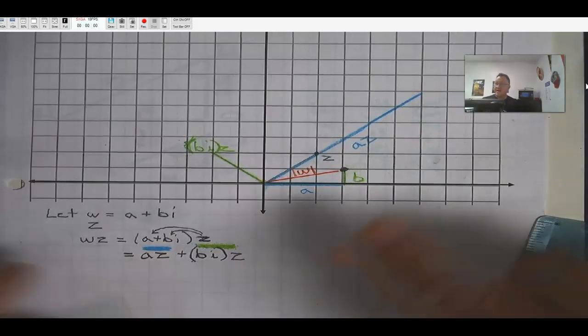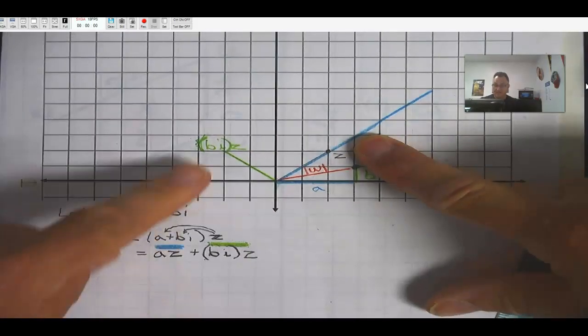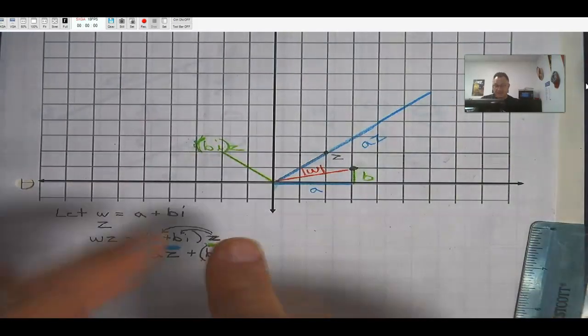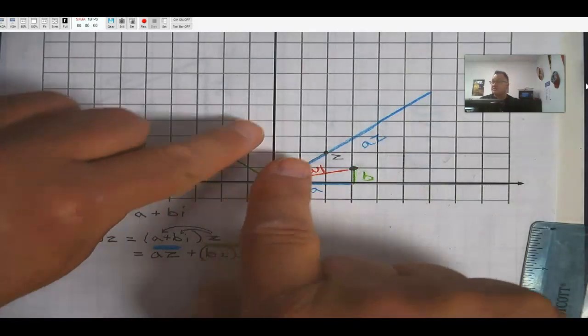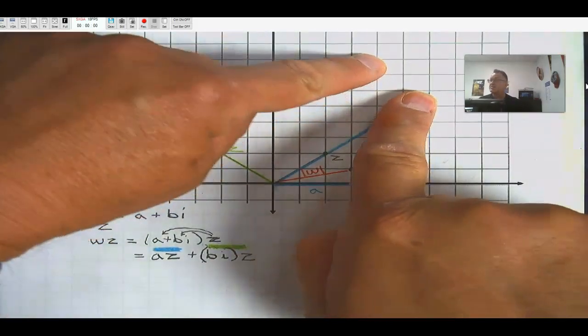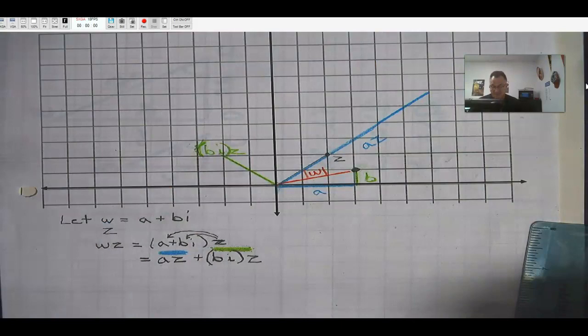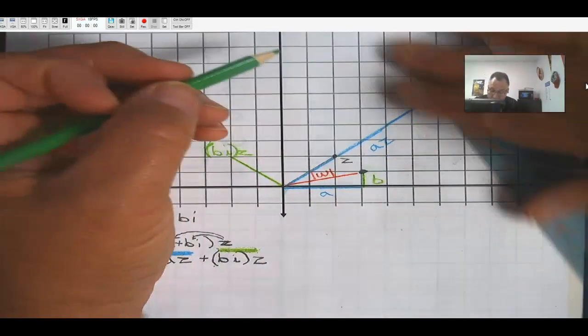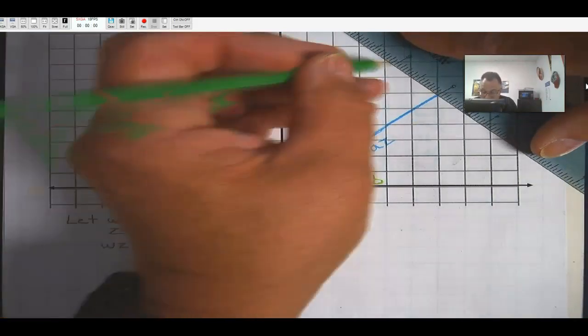Now I want to add this line and this line. So the way we did that was we took this and we slid it to the end of this and redrew it. So that's going to come right up here, and I'm going to redraw it right here.